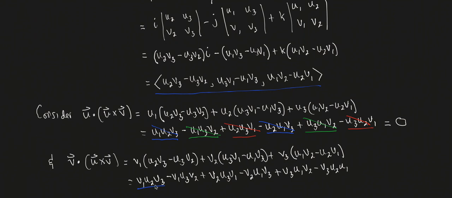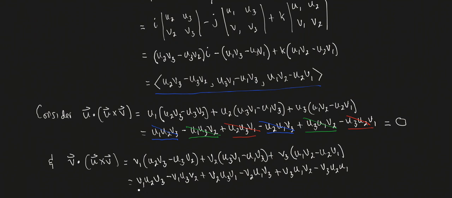And there you go. So this is V1, U2, V3, and then here we have V1, U3, V2. Let's back up a bit here. Let's make sure that all our letters are right. Okay, so that looks good.